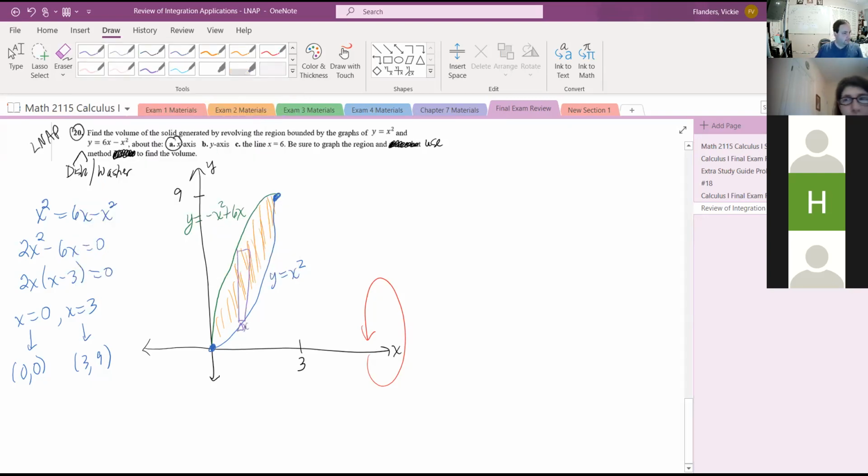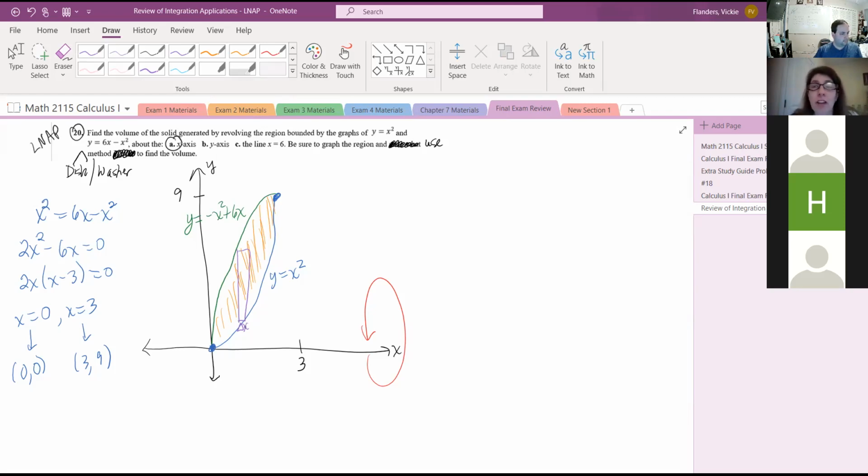Because I have a vertical rectangle, my width is delta x, so I know my integral is in x. Before I write my formula, I need to know that, because I'm going to have either a dy integral or a dx integral. So now I know I have a dx integral.